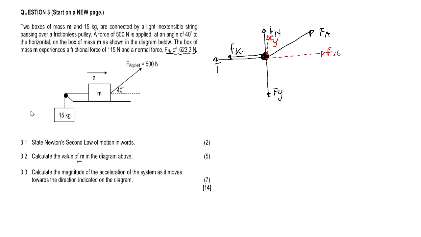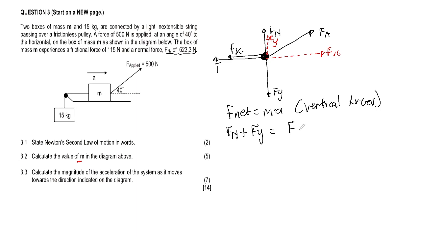But then what we always know is that if we consider our Fnet equals Ma for the vertical forces, your normal force plus your Fy would have to be equal to your Fg, because we always say that your vertical forces balance each other out.